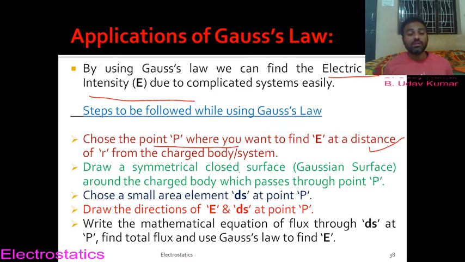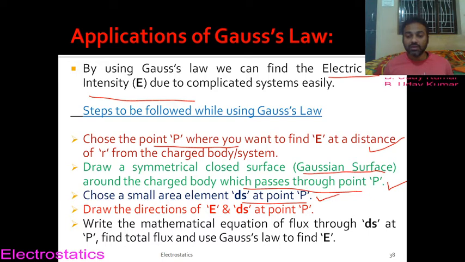And after choosing that point, you have to construct a Gaussian surface around the charged body which passes through the point P. That is the second step. After construction of the Gaussian surface, you have to choose a small area element ds at point P where you are finding the electric field intensity.